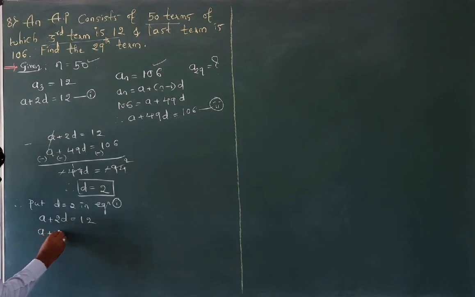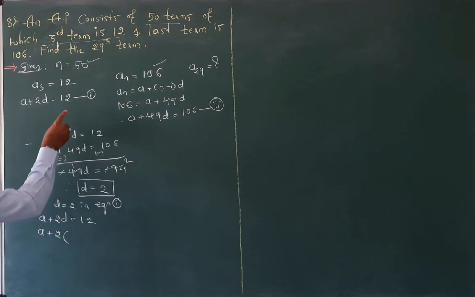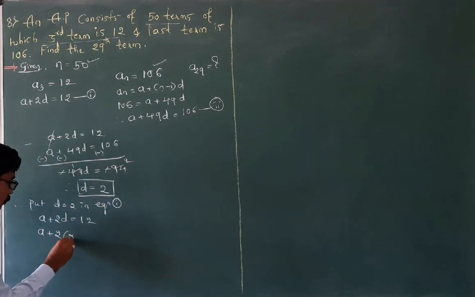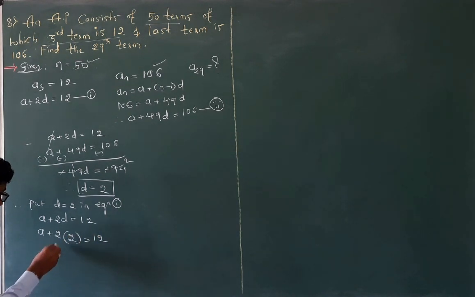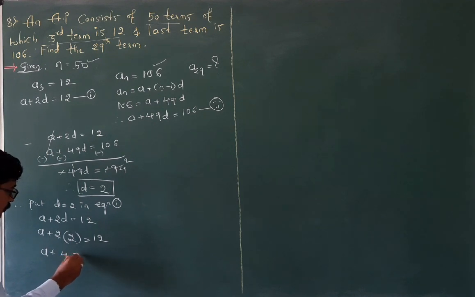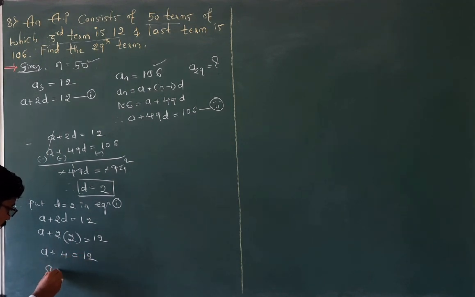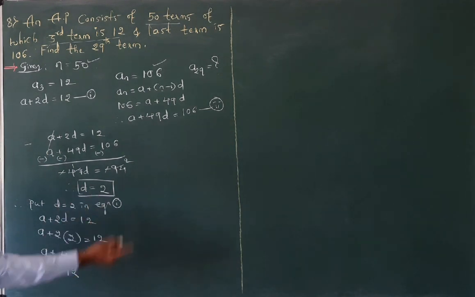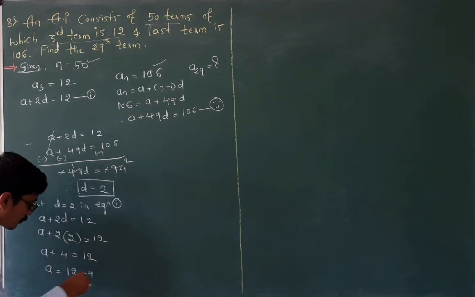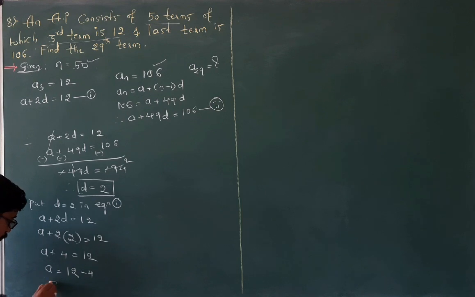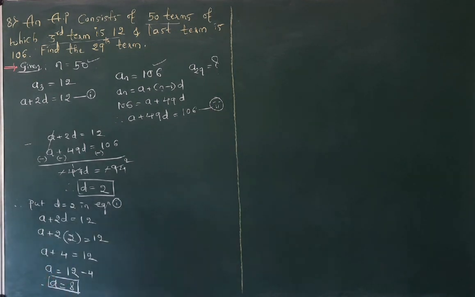So a plus 2, d value is 2, is equal to 12. Here a plus 2 twos are 4 is equal to 12. So a is equal to 12, plus 4 comes to the RHS side, it becomes minus 4. So 12 minus 4 is 8. Therefore a is equal to 8. This is the value of a.